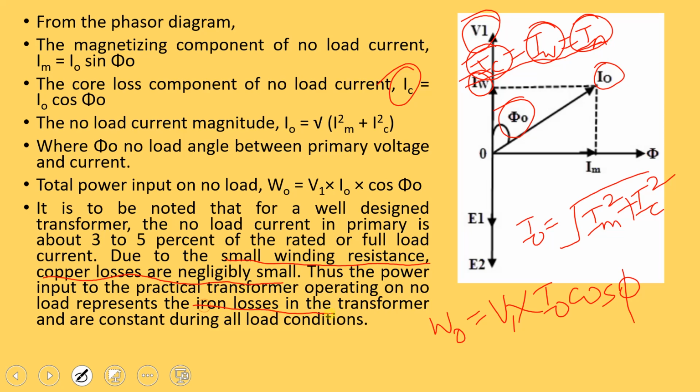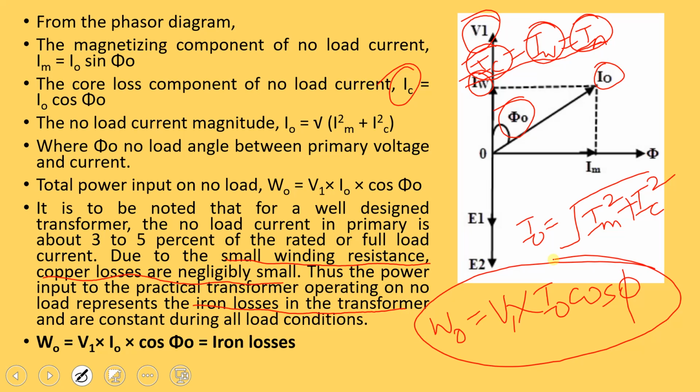So the iron losses are constant, and it is given by W0, the total power input on no load, which equals V1 into I0 cos phi naught, equal to the iron losses. So this is the formula for the iron losses, which are very small and constant, and copper losses are negligible due to small winding resistance.